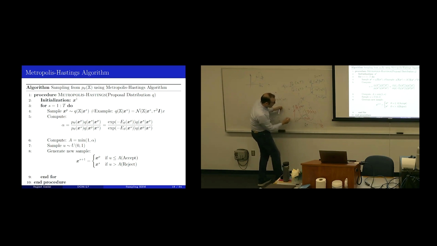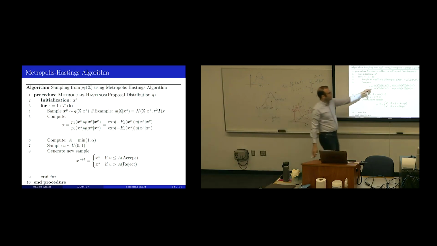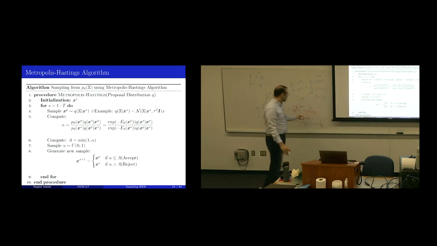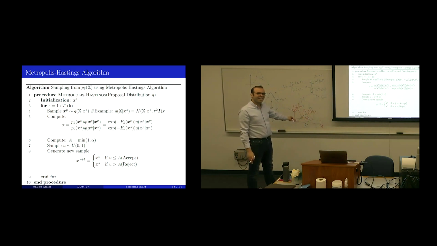The correction factor is the ratio between this number and this number. This is the denominator, this is the numerator. So it is a very small value, and it decreases the acceptance chance. That makes sense here. Does it make sense?